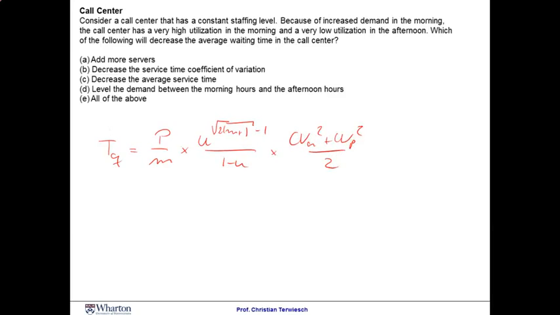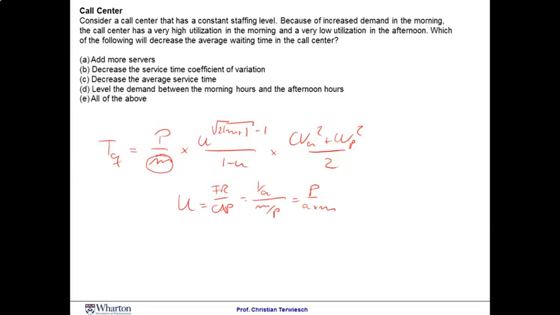All right, now let's look at the suggestions that I put up here. Adding more servers. So adding more servers is a good idea, right? You notice a larger m here will decrease T_q. Now, I want to be careful here in reminding you that the utilization, which we defined as flow rate divided by capacity, and thus 1 over the inter-arrival time times p divided by m, is also a function of m.